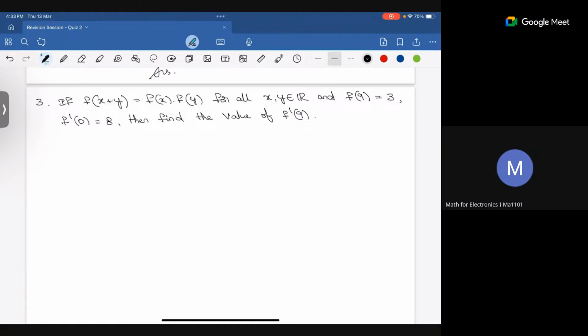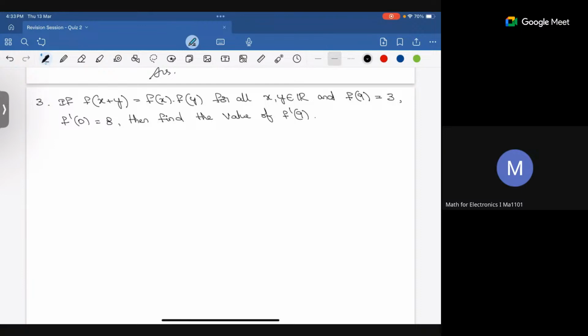And it is true for all x, y belonging to real numbers. We are also given that f of 9 is 3, f prime of 0 is 8. What they want is to find the value of f prime of 9.